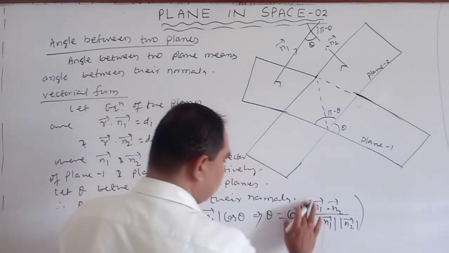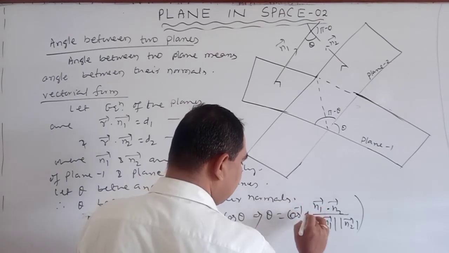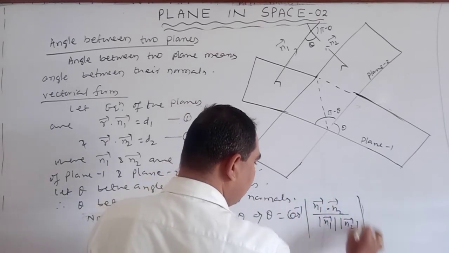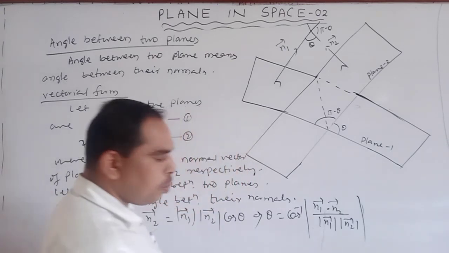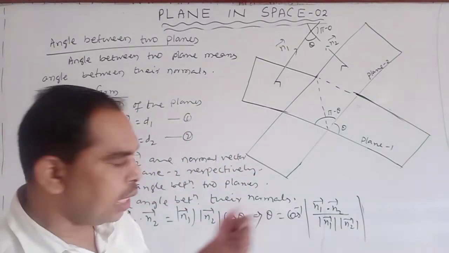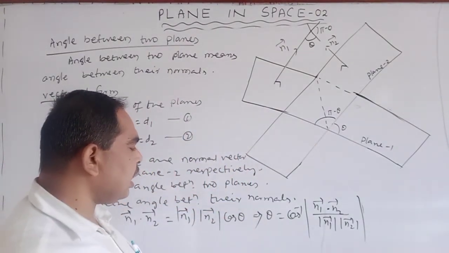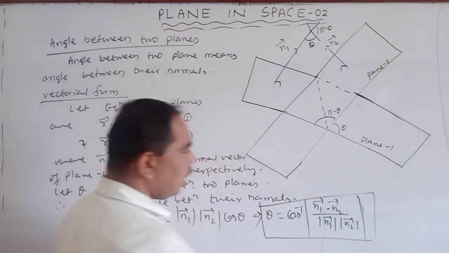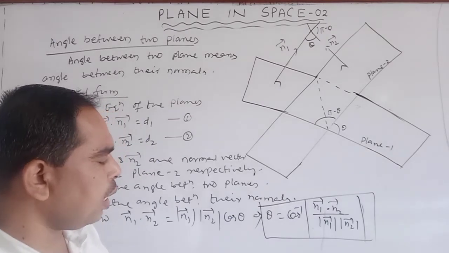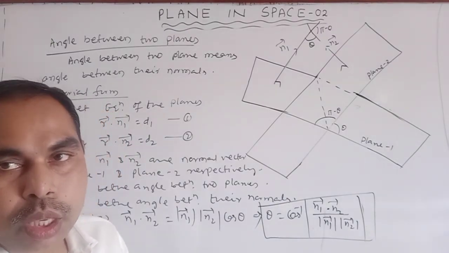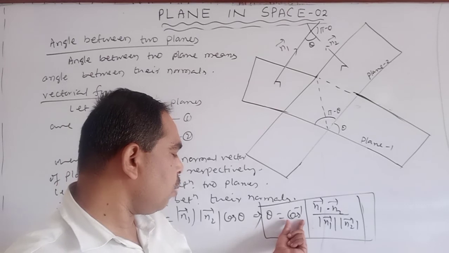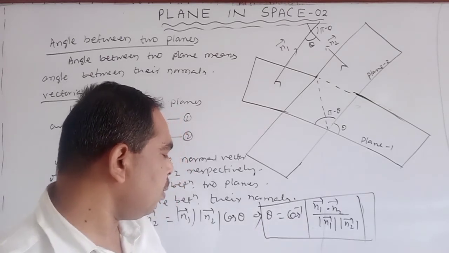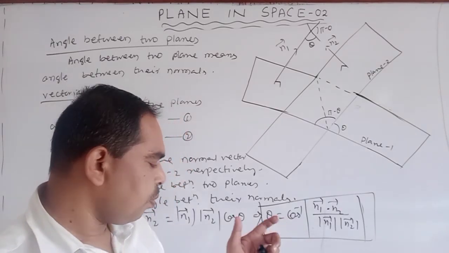This is actually with mod or plus or minus: for an acute angle we take the positive sign, for an obtuse angle we take the negative sign. So this is the Cartesian form. Okay, remember this formula: simply n1 vector dot n2 vector divided by mod of n1 into mod of n2, cos inverse gives the angle between two planes.